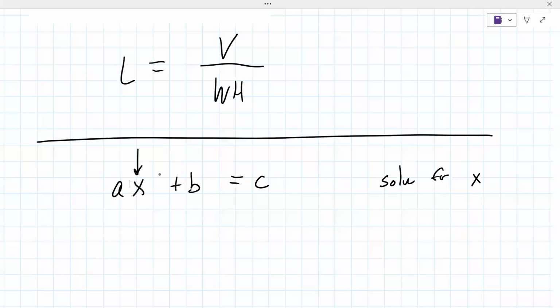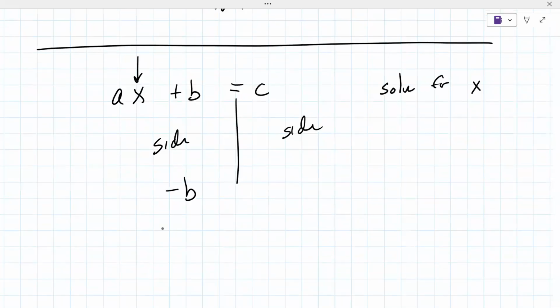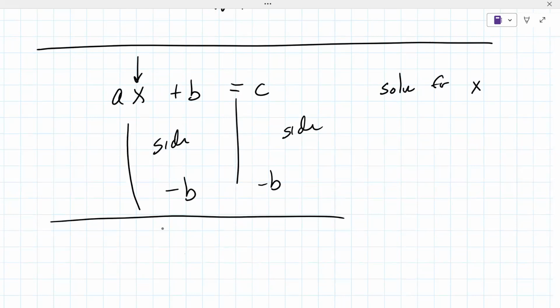No, from both sides. This is one side, and this is the other side. You're not subtracting from the X, you're subtracting from the whole side. So when you subtract B and subtract B, what's left over on the left? AX equals C minus B. Okay. All right, now we're in good shape.